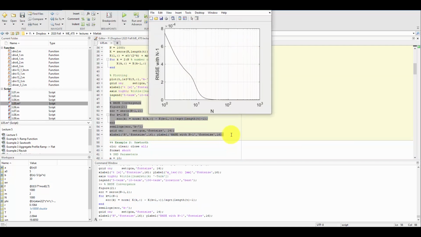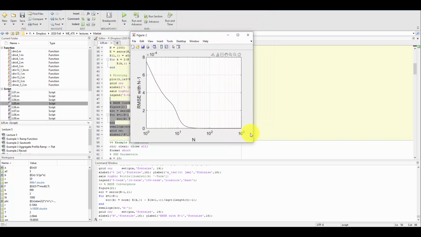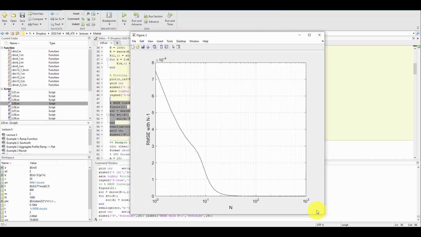This is what we get. I'll still do it in this semi-log, so the x is in semi-log. This is the number of terms, and then the y is the RMSE value that it has with the time series using one fewer term, the one before it. So we can see what's happening when we use barely any terms. What we're going to have is a lot of difference as we keep adding that one more term.